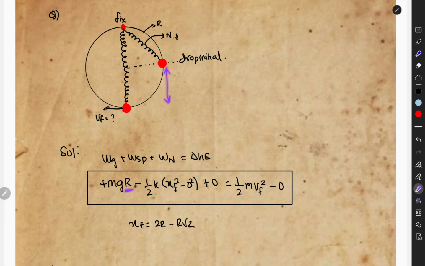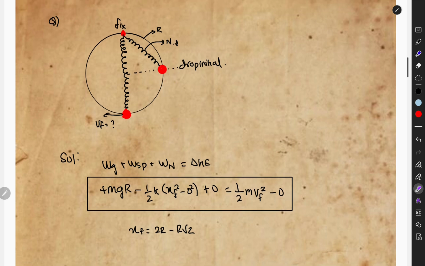The vertical displacement here is basically r, the distance from the center, right? So the work done will be mgr, work done by gravity.